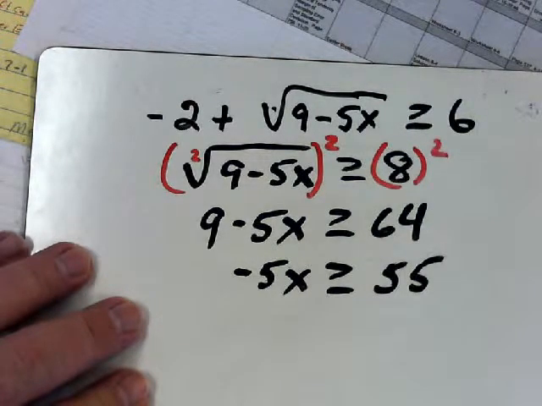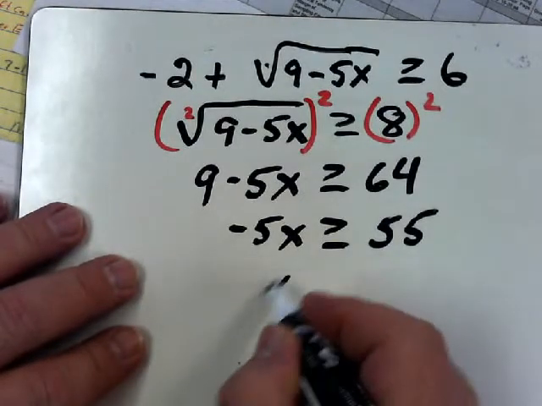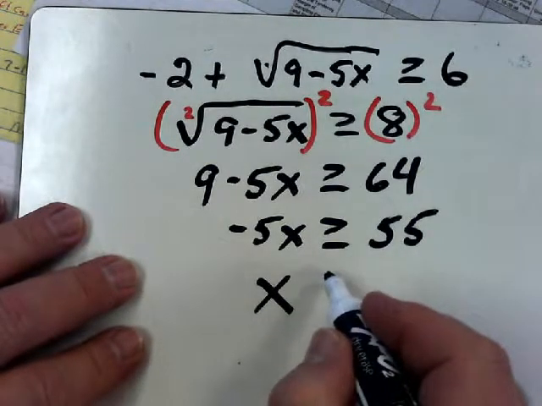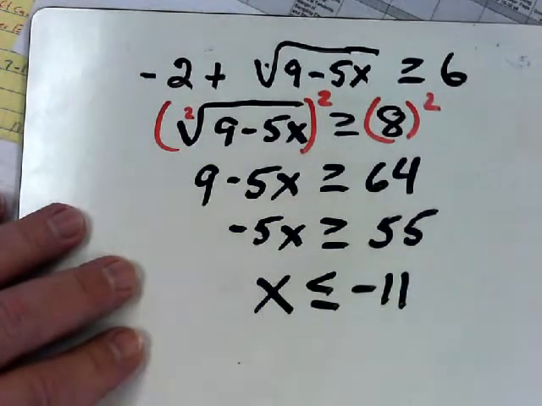And then when you divide by the -5, you have to flip the sign, I know that. Okay, 64 minus 9 happens to be 55. Dividing both sides by the -5, and yes, somebody remembered, the inequality sign has to flip, and I get this, right?